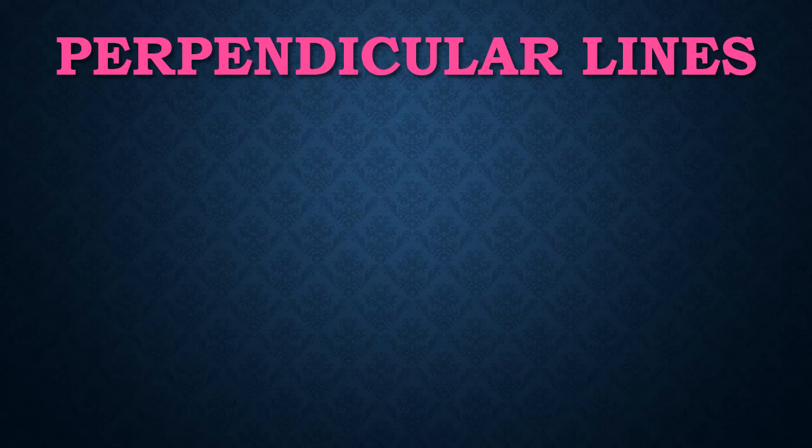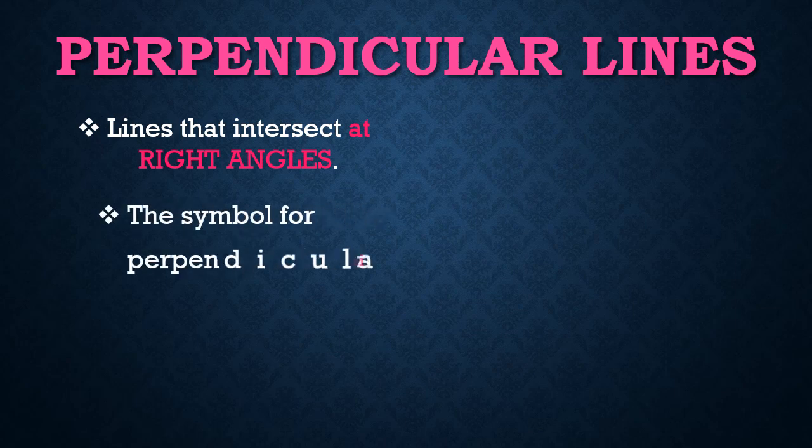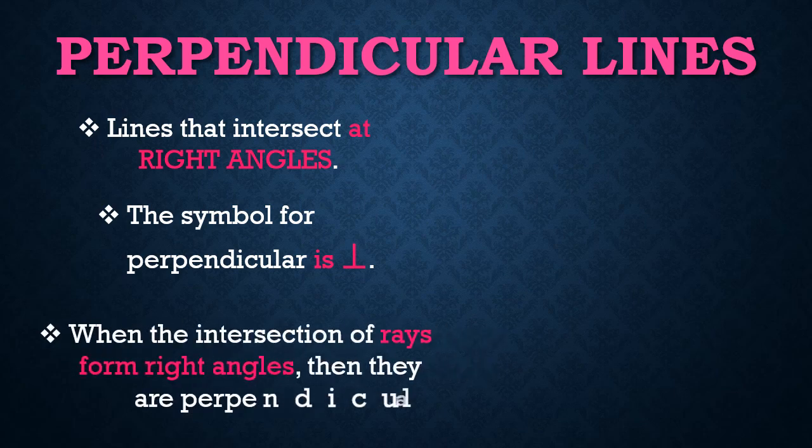Perpendicular lines. These are lines that intersect at right angles. As you can observe from the pictures a while ago, examples of perpendicular lines form a cross, tama? So when we say cross, it forms right angles. The symbol for perpendicular is this one. When the intersection of rays form right angles, then they are perpendicular.